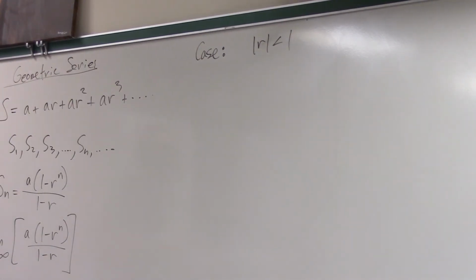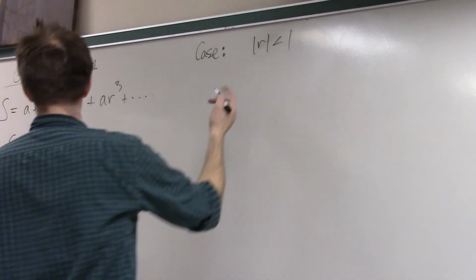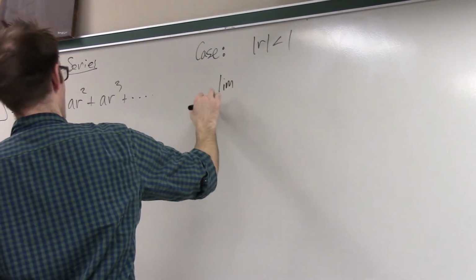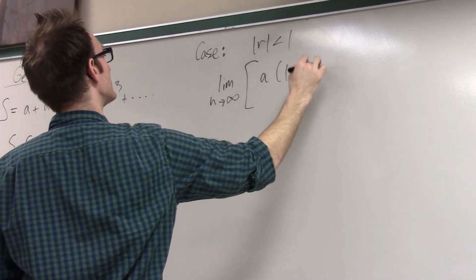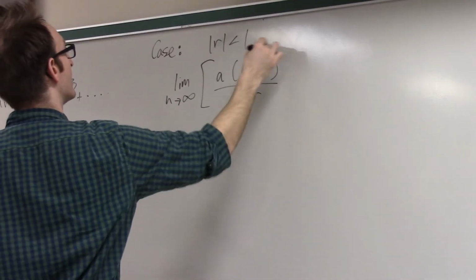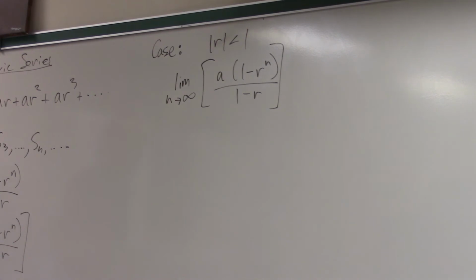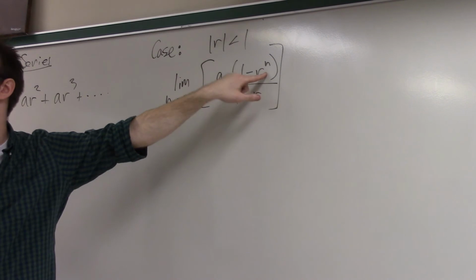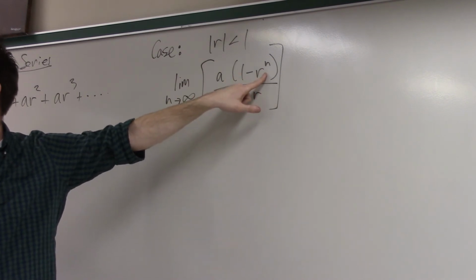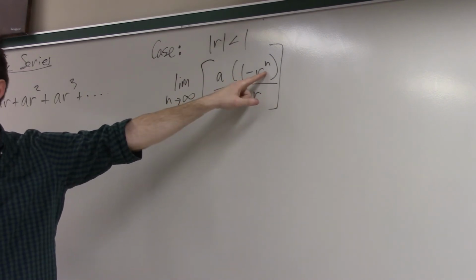So if r is small, between -1 and 1, then we're going to take the limit as n goes to infinity of A times (1 minus r to the n) over (1 minus r). And what do we get if r is a small number, like 2/3? What happens if you multiply 2/3 by 2/3 by 2/3 forever?